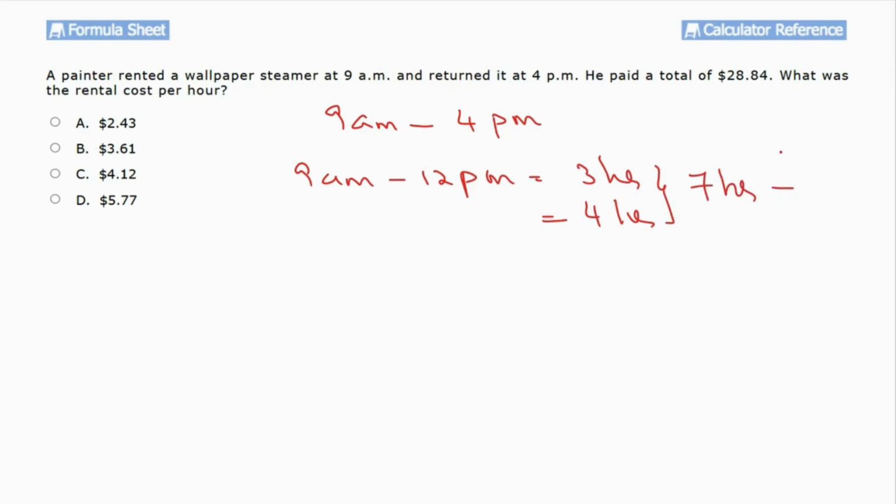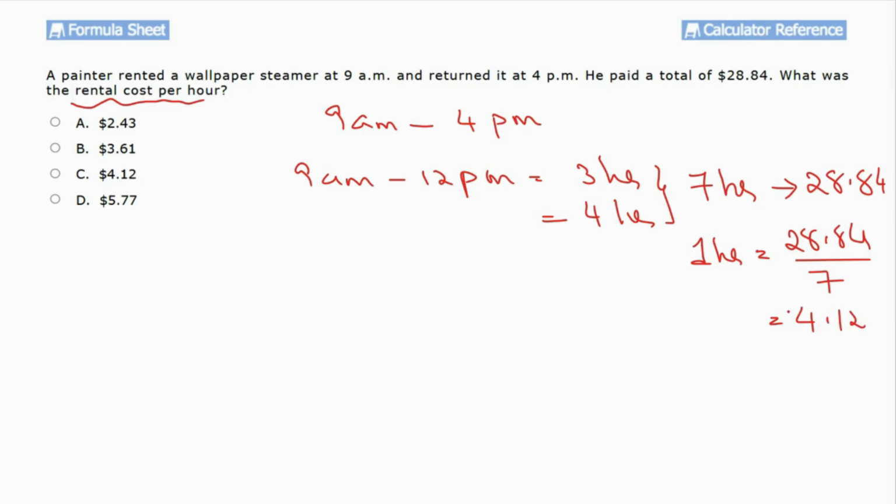So for 7 hours, he has paid $28.84. So for 1 hour, that is the rental cost per hour, is going to be 28.84 divided by 7. And that is going to be $4.12.